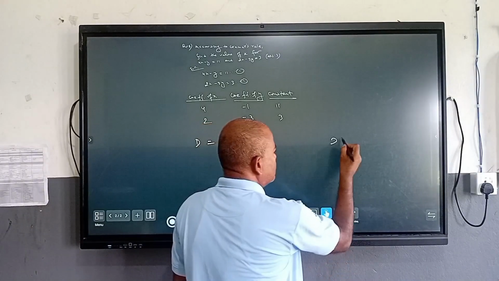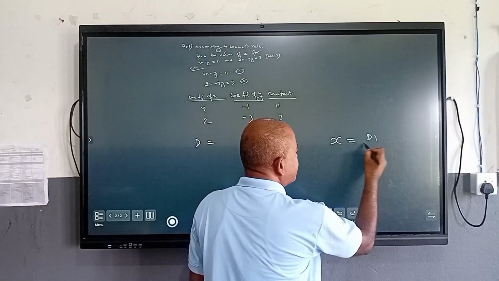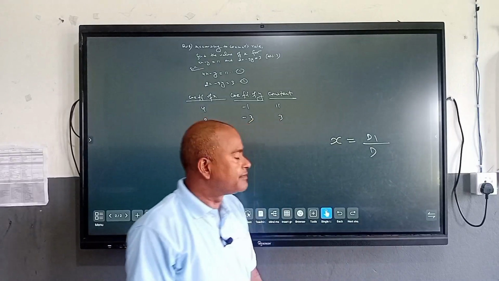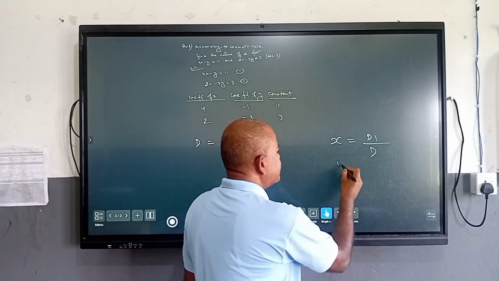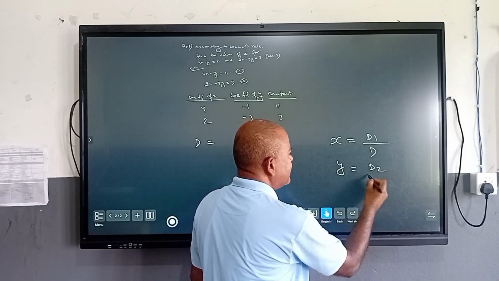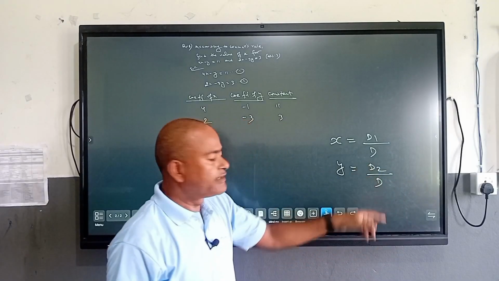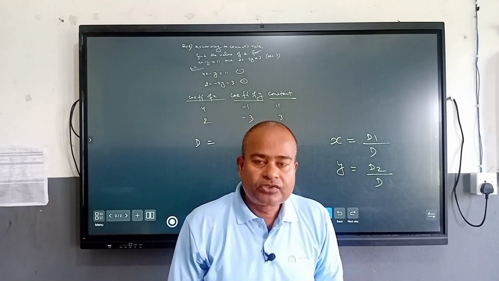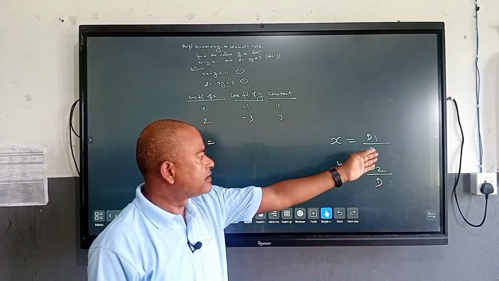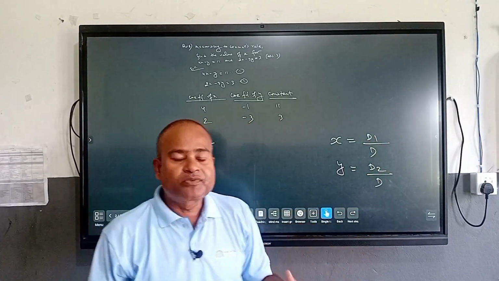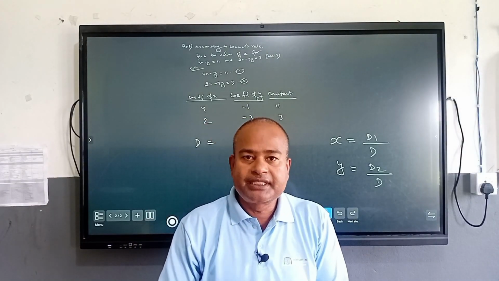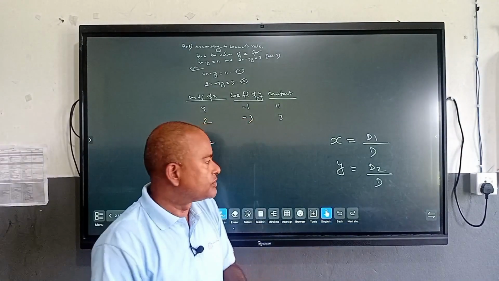We know the value of x according to Cramer's rule is given by x equals D1 divided by D, and the value of y is given by D2 divided by D. So in order to use Cramer's rule, we have to find the determinants D, D1, and D2.